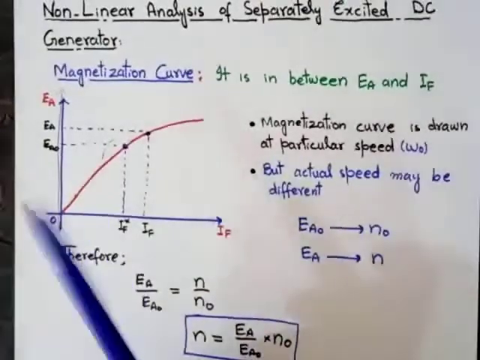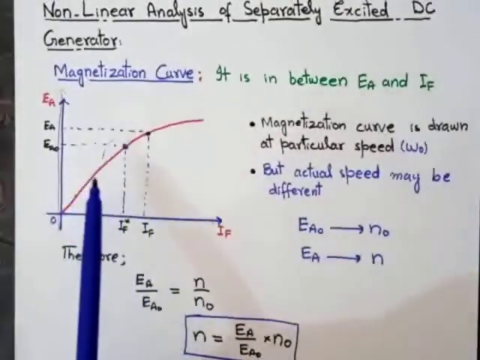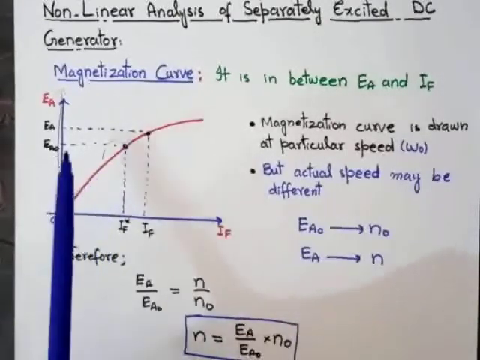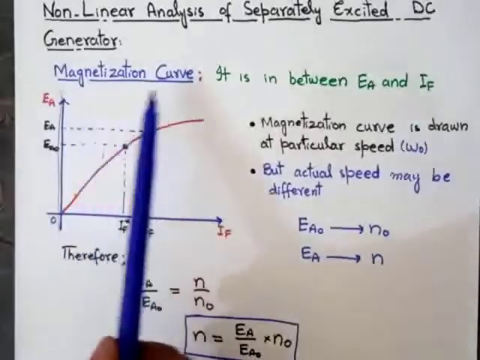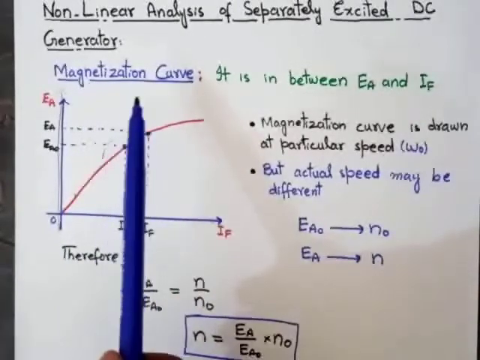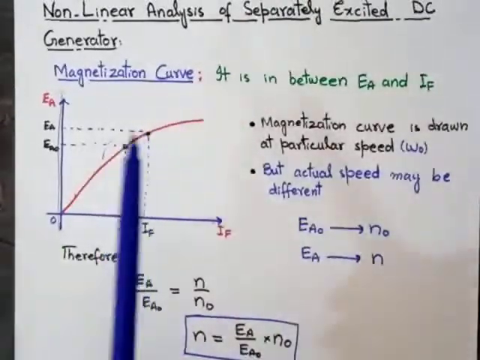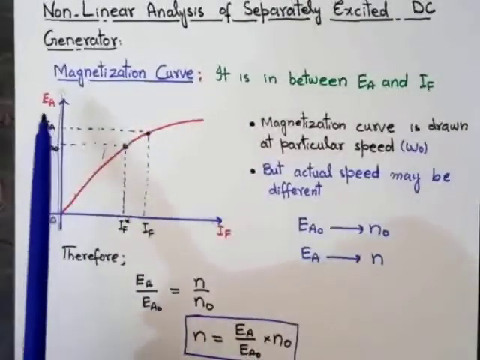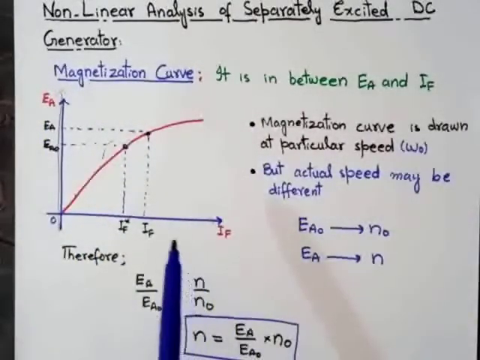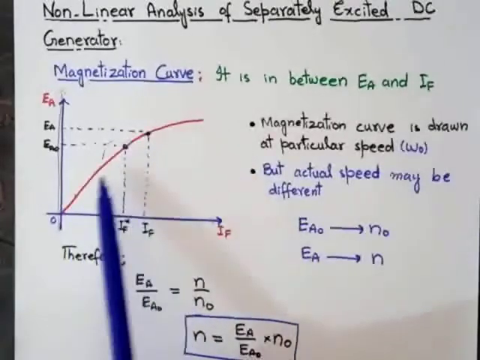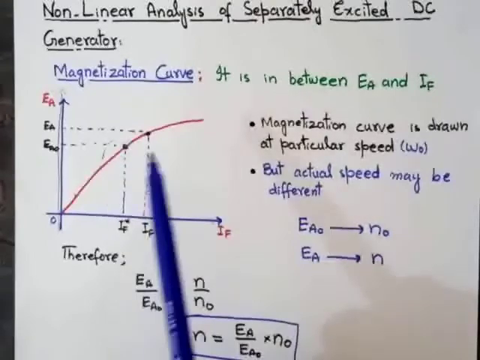As we have already discussed, by using the value of IF, we can find the internal generated voltage from the magnetization curve. We have already drawn the magnetization curve. The magnetization curve is the curve between internal generated voltage and the field current, and the curve will be like this, as we have already drawn and discussed in detail.